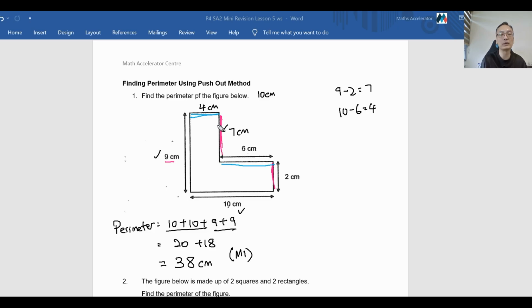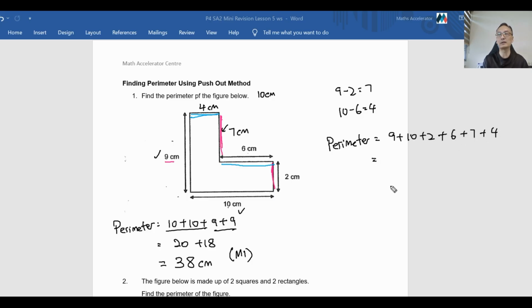Now we combine them together. How many numbers do we need to add? 1, 2, 3, 4, 5, 6. So 6 numbers. Let's write perimeter over here. We start with 9. 9 plus 10 plus 2 plus 6 plus 7 plus 4.